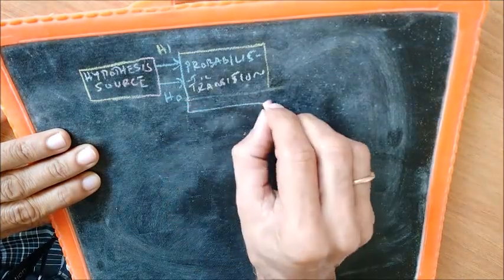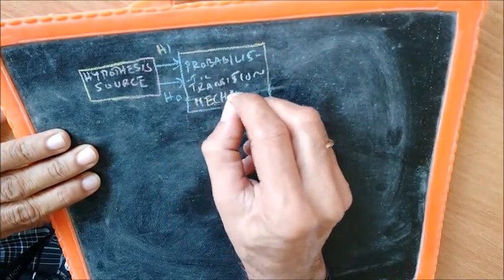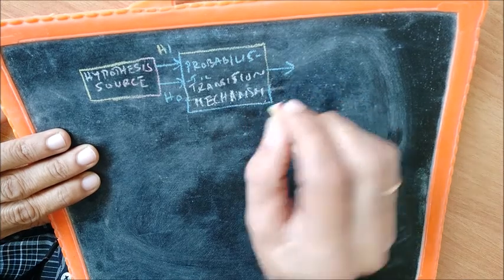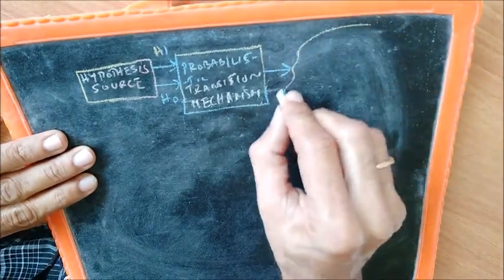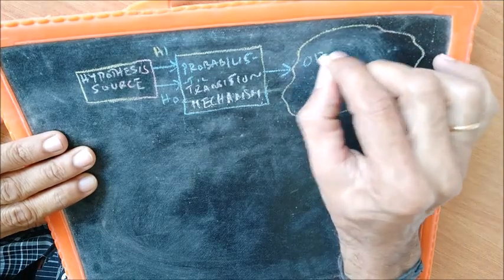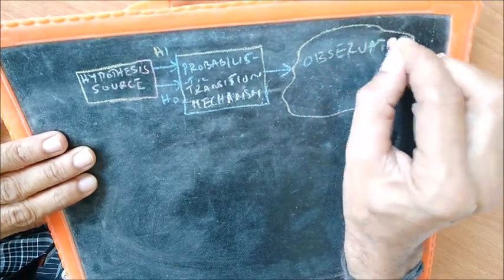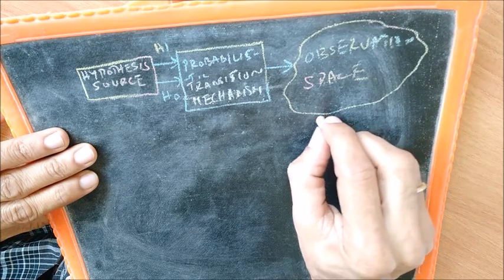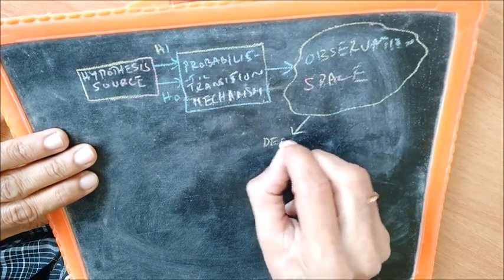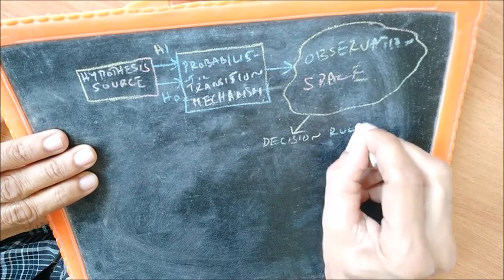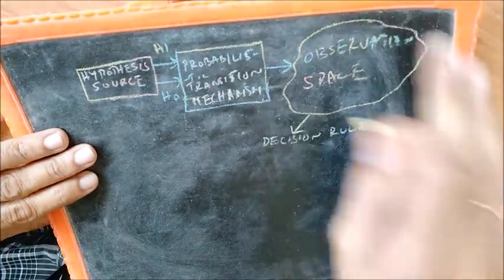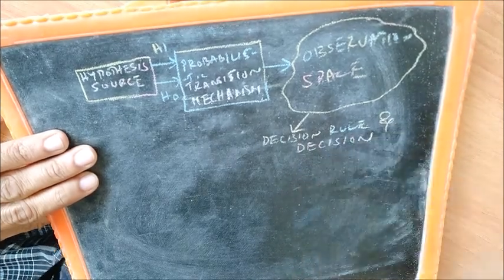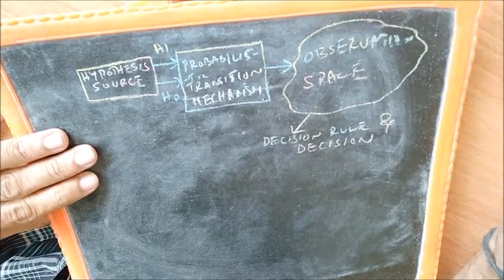Let me write it fully. The resultant output defines an observation space, and a decision rule is used on the observation space, and a decision is arrived at regarding which of the two hypotheses was true.